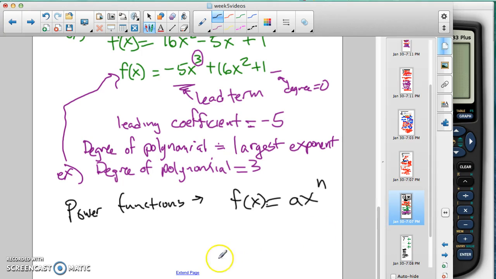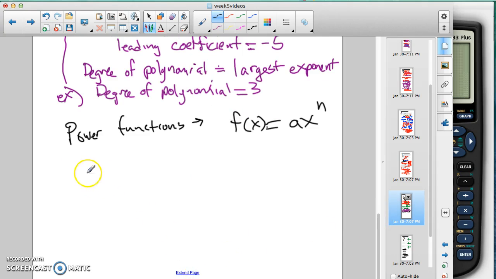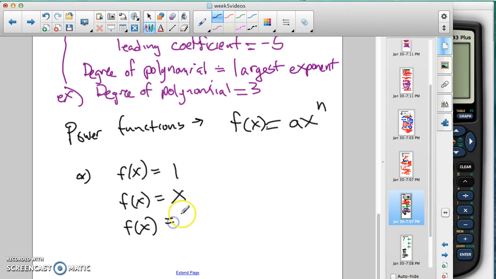All right, so some power functions that we have here, starting with 0. Our first power function is a constant like 1. Our second power function is an x. Our third power function is an x squared.